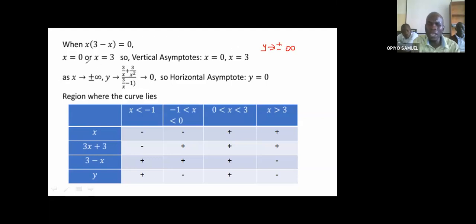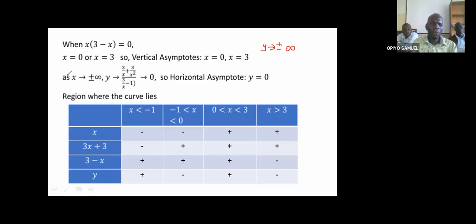In this case, I have decided to use the first one, which I mentioned. Just a matter of equating the denominator of the function to 0. We get x equals 0 and x equals 3. So this will constitute the vertical asymptote.